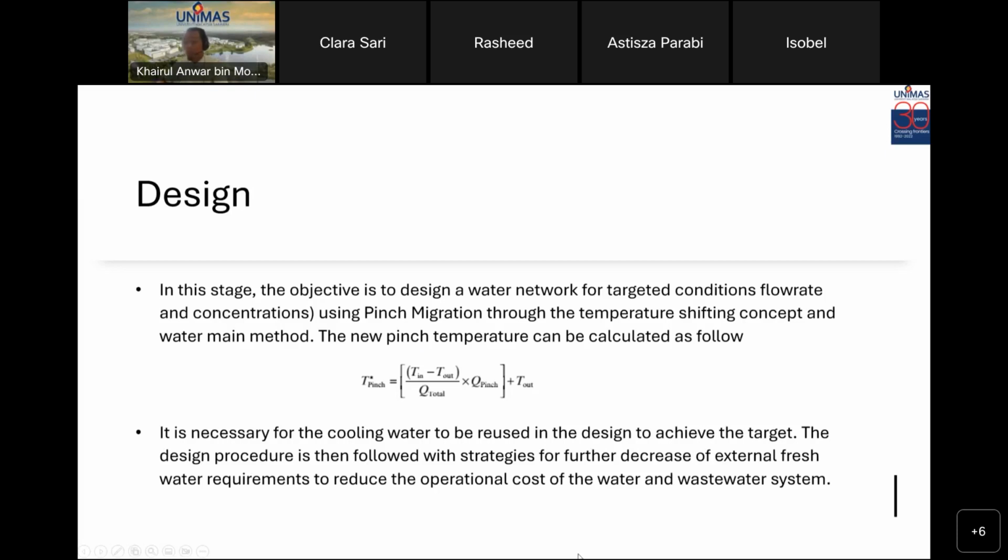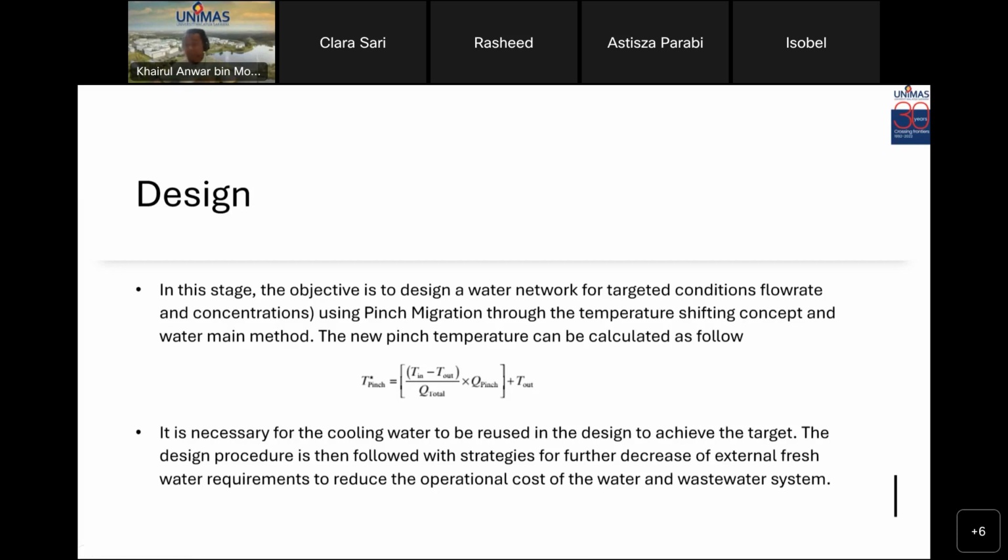Water transfer. So increasing the cycle of concentration in the cooling system provides the opportunity to reduce fresh makeup water by improving the quality of the recycling water in the cooling tower.